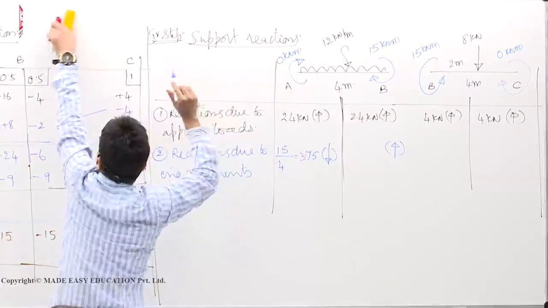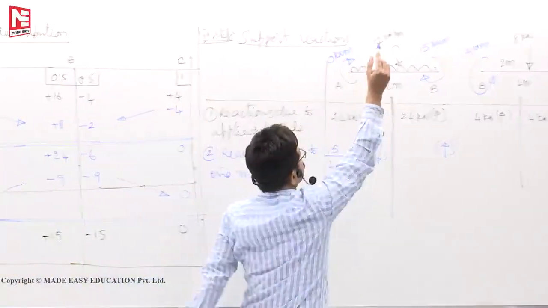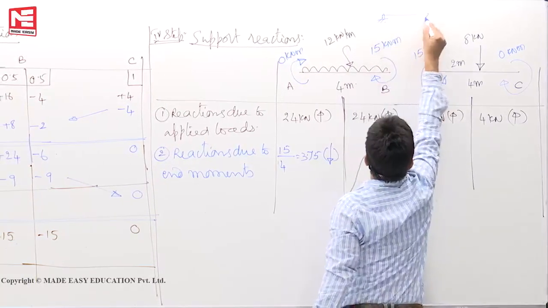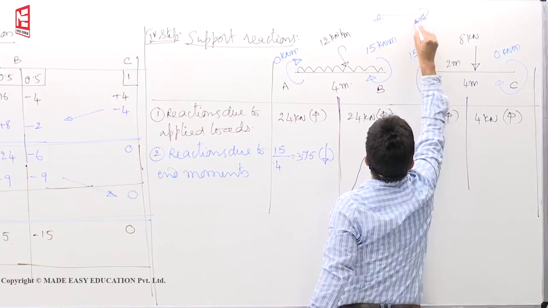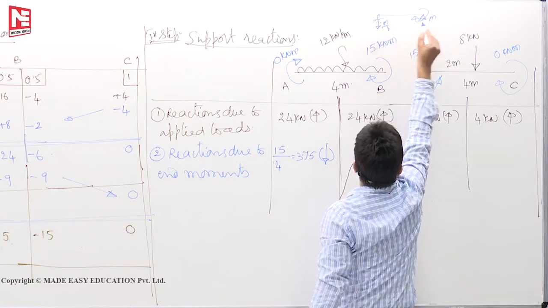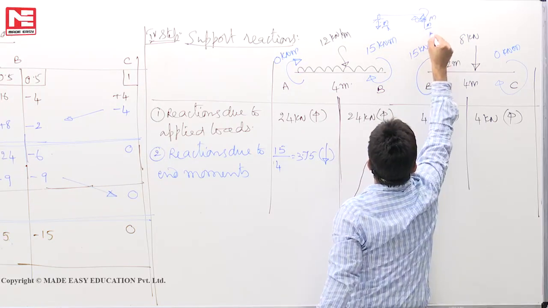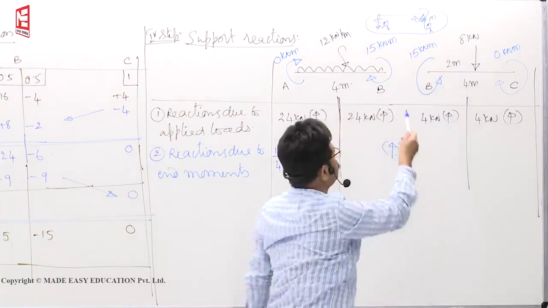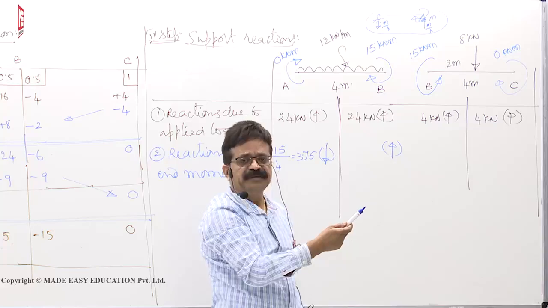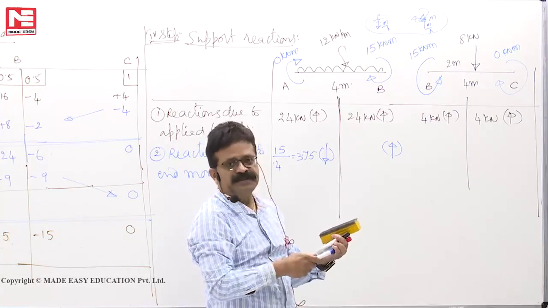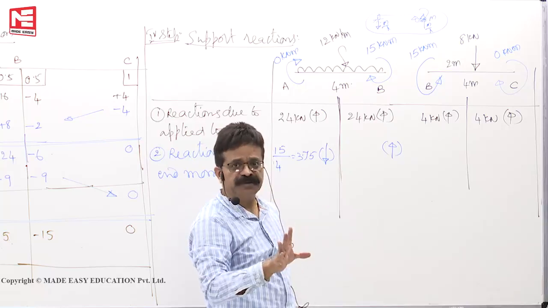Supposing you have a simply supported beam and you apply some moment M. What is the reaction here? M by L, M by L. So whatever you have learnt in SM, we should not write a separate free body diagram and calculate the reaction by taking sigma M equals 0.